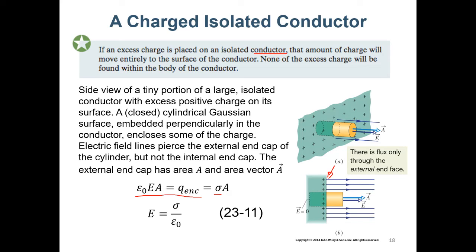So we have a charge density sigma, and Q enclosed should be sigma times the area. In this case, A and A can be cancelled. So we divide by epsilon naught on both sides, and E turns out to be sigma over epsilon naught.